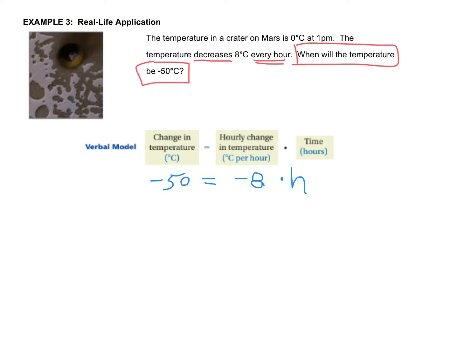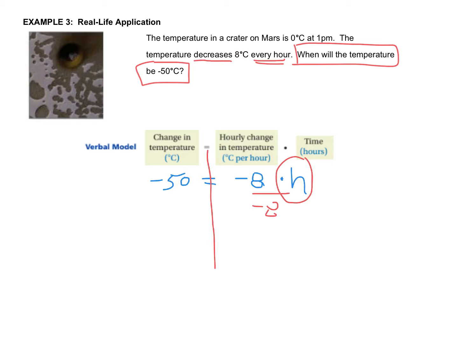So the hardest part about this example is to make the equation, but hopefully that made some sense as we tried to walk through that. Once I have the equation, now I'm just going to do what we just did on the previous examples. I'm trying to get h all by itself. I need to move the negative 8 to the other side. I see times h, so that tells me to divide.